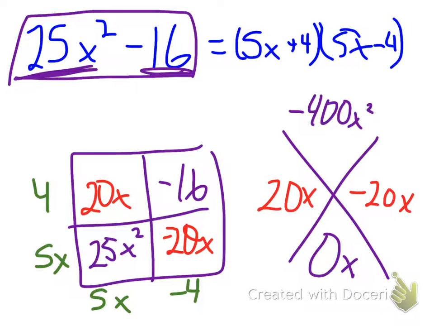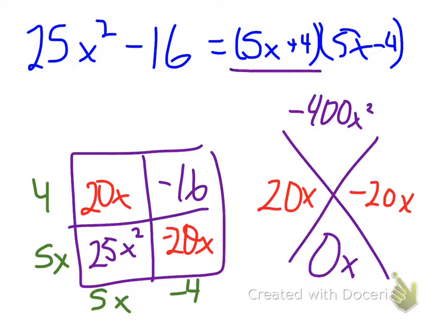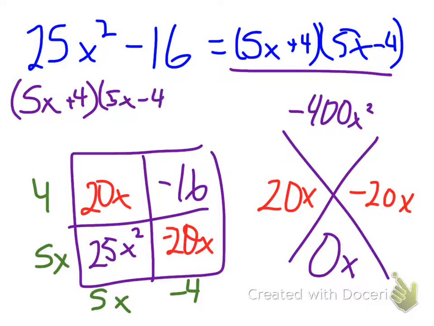So if you remember the shortcut of difference of squares, that would have brought us right into our answer of 5x plus 4 times 5x minus 4.